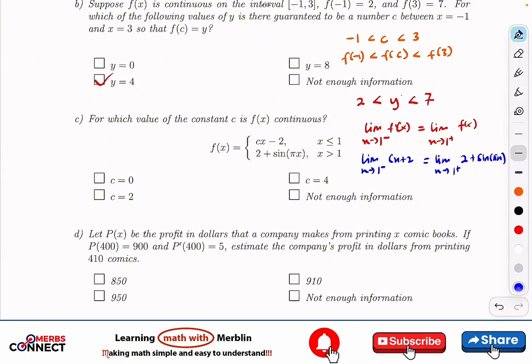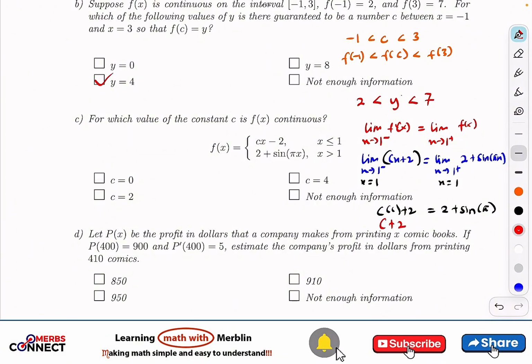So now let's just plug it in. When I set x equal to 1 here, I'm going to have c times 1 plus 2, which is equal to 2 plus sine pi. So this is c plus 2, which is equal to 2, since sine pi is 0.